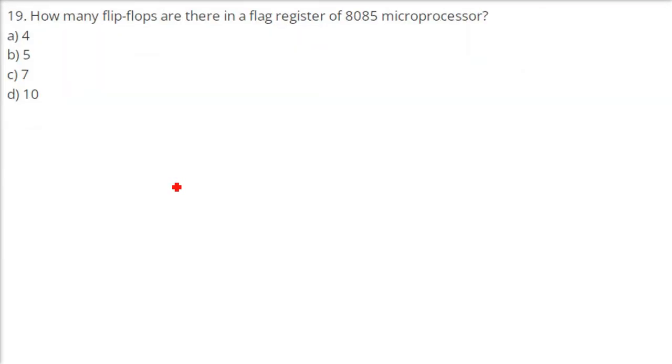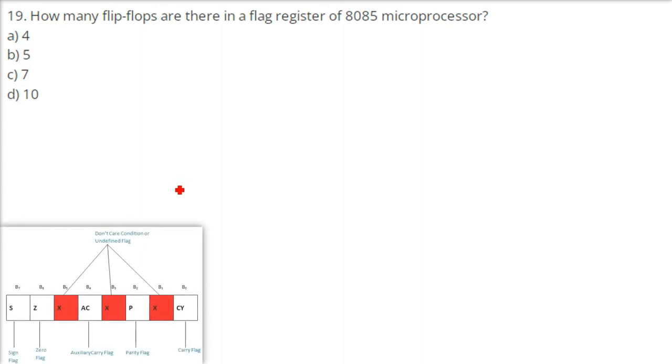How many flip-flops are there in the flag register of the 8085 microprocessor? So we have an 8-bit register for showing the flags. One flip-flop will have 1 bit. When we take 8 flip-flops, we start calling it a register. All of these 8 bits are not used in the flag register.